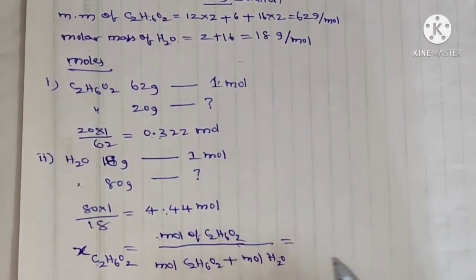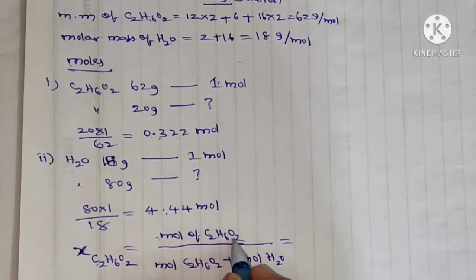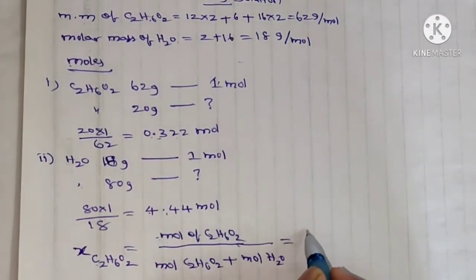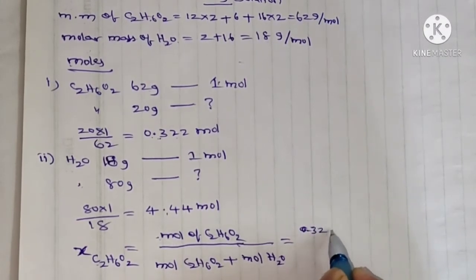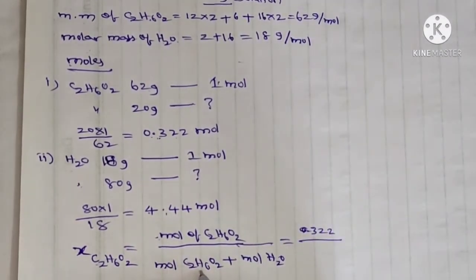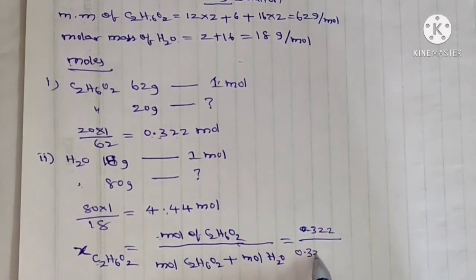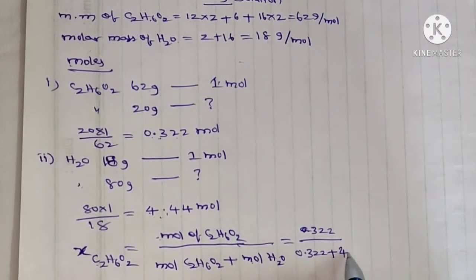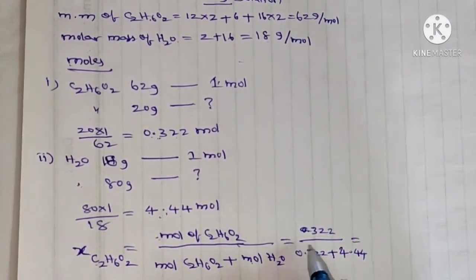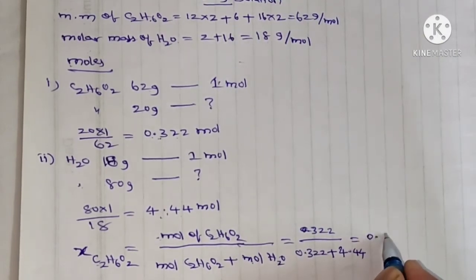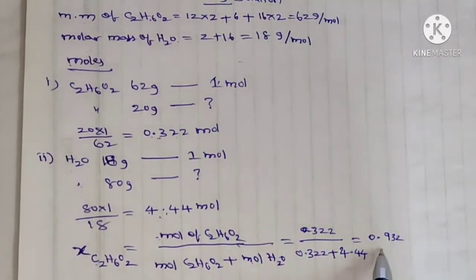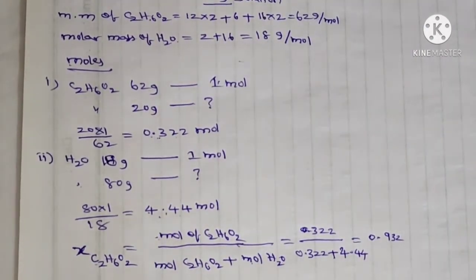So it is 0.322 divided by 0.322 plus 4.44. If you do this calculation, we will get 0.932. So this is the mole fraction of ethylene glycol.